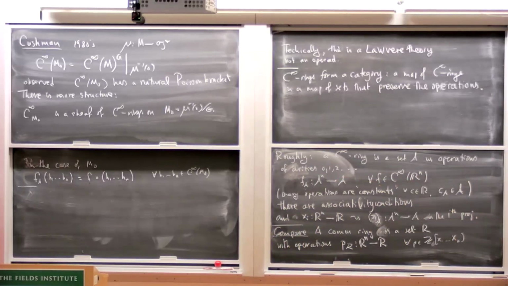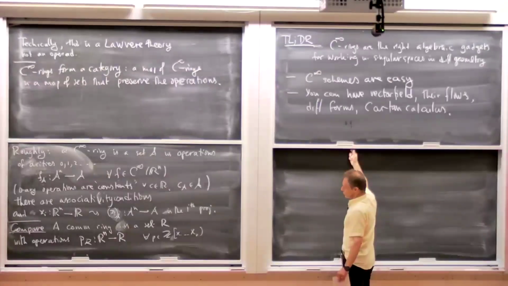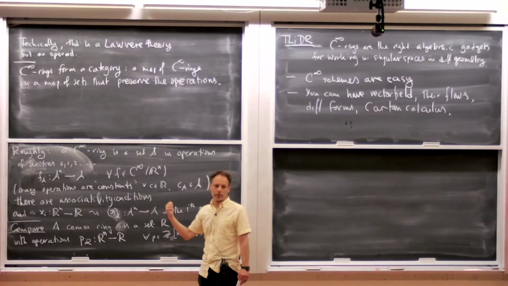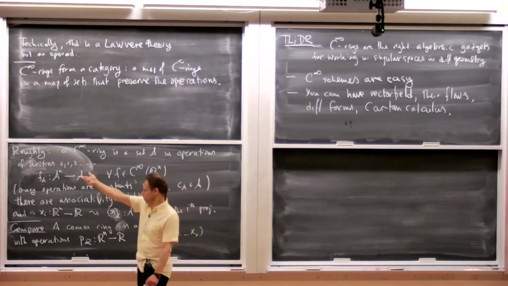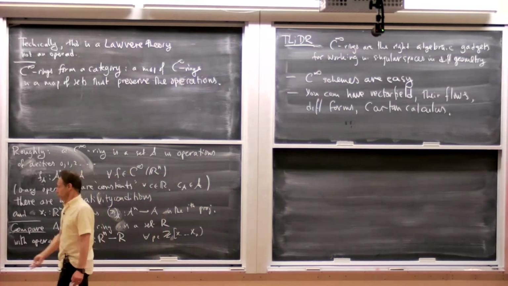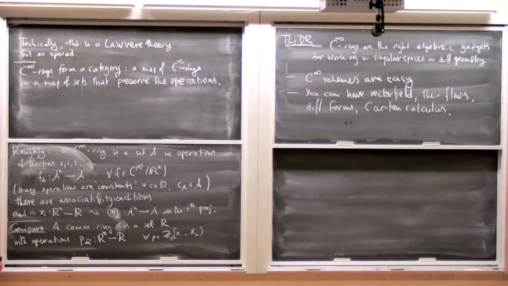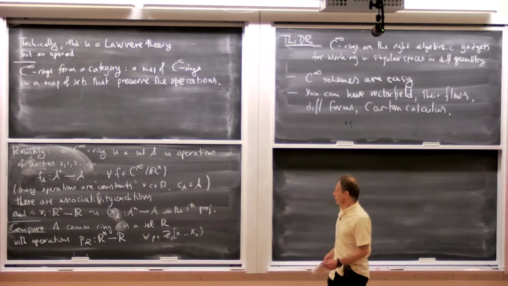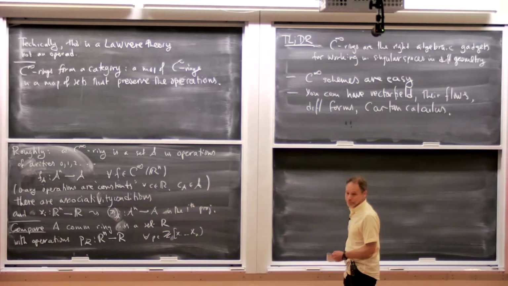So you might notice that if you have 2 manifolds and you have a smooth map between them, the pullback map is going to be a map of C-infinity rings because it's going to preserve the operations which are just defined by composition. So you can shove manifolds into C-infinity rings.